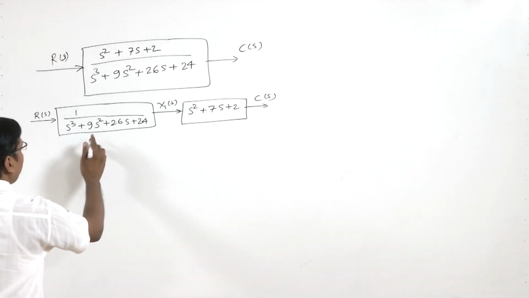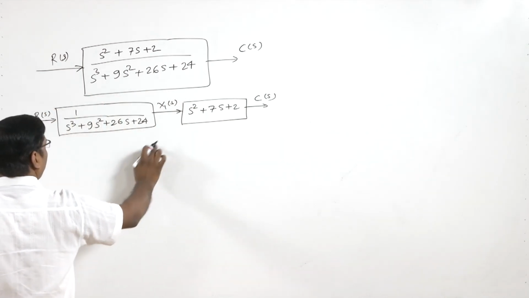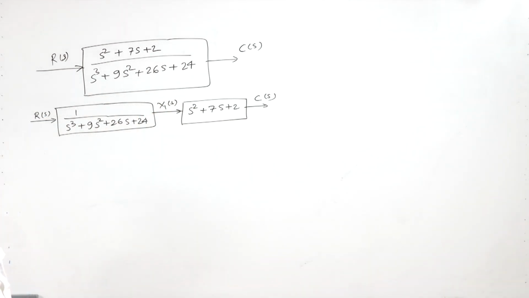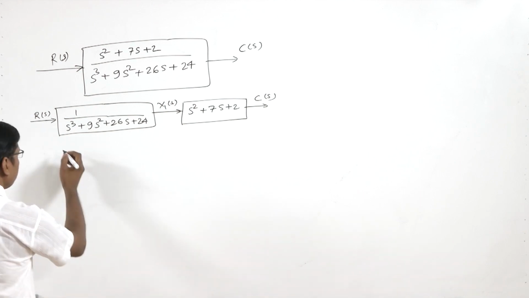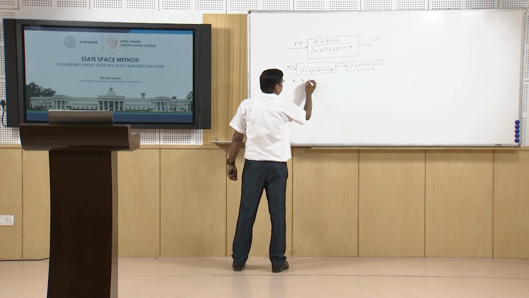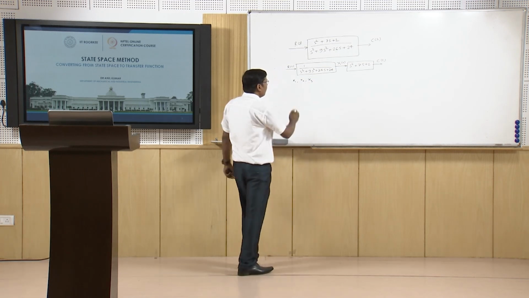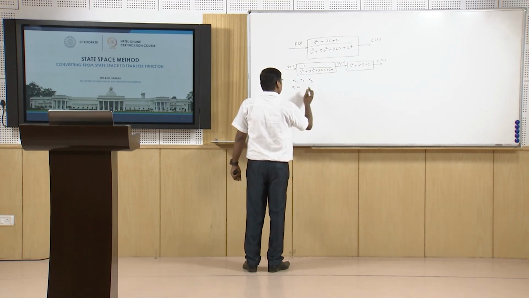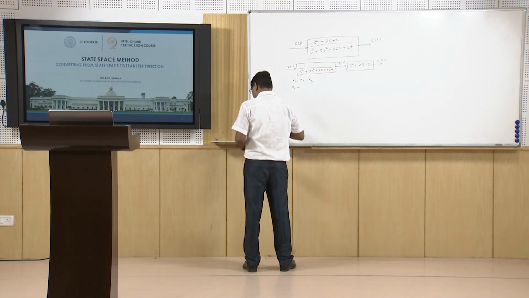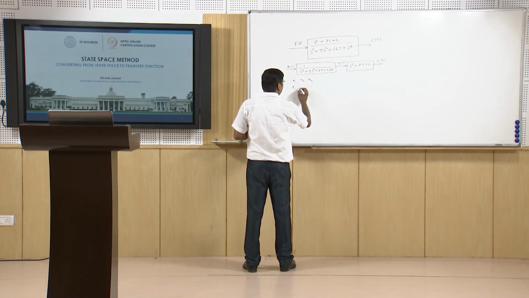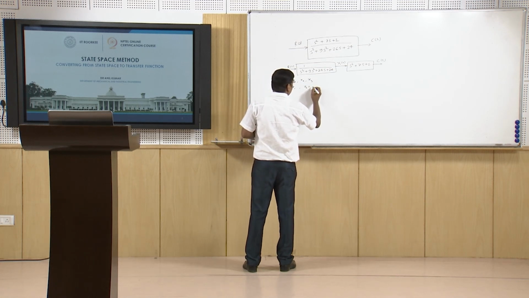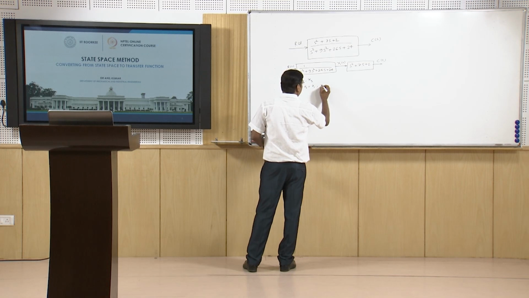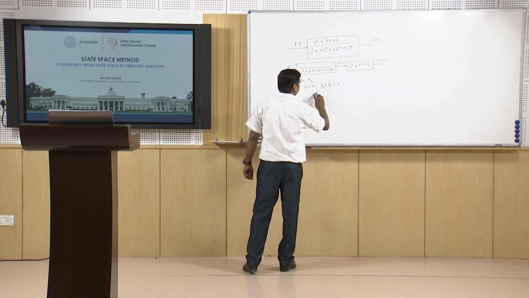Now this part we have already learned how to write the state equation for. So if we have x1, x2 and x3 as the state variables, where x1 equals the output of this, x2 equals x1 dot and x3 equals x2 dot, that is x1 double dot.